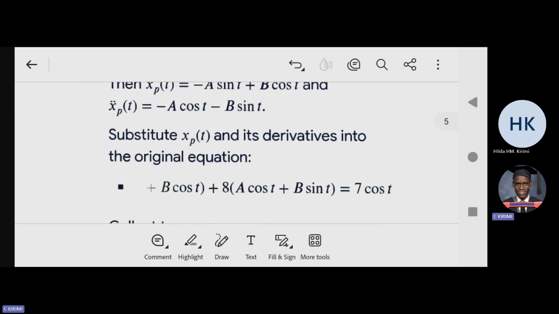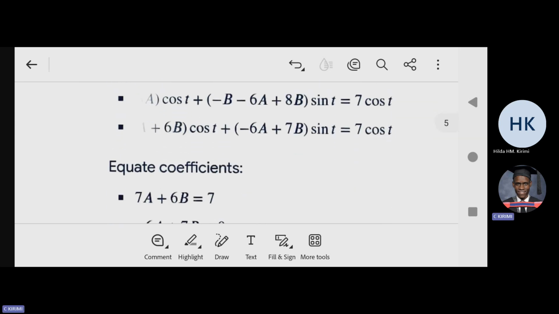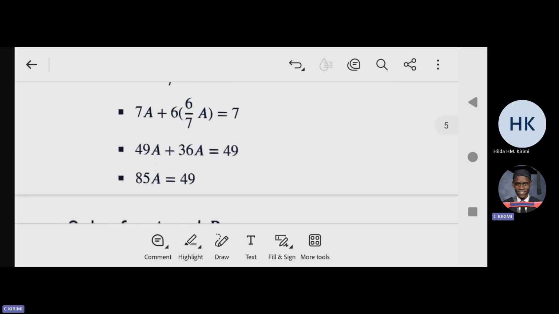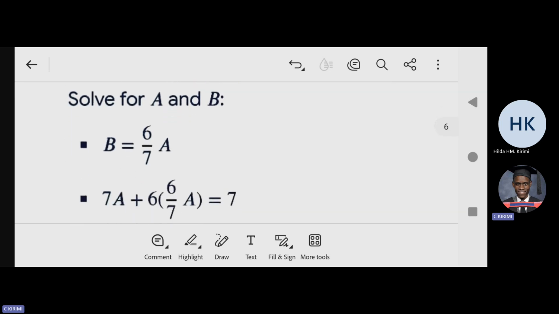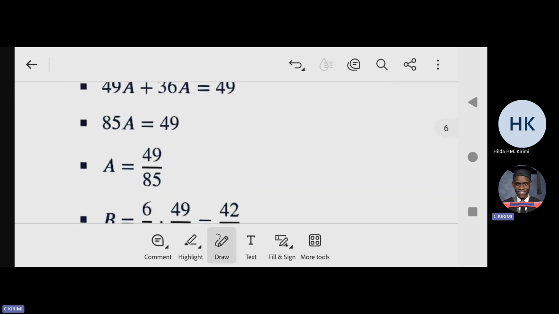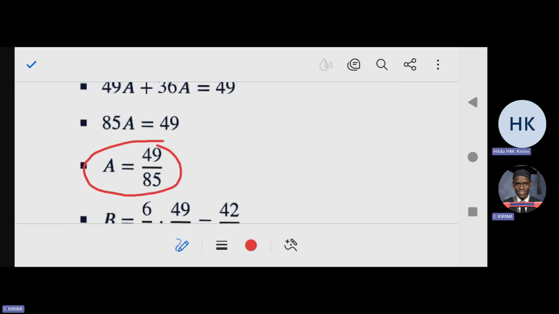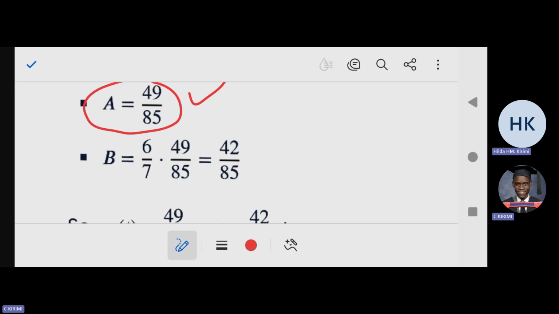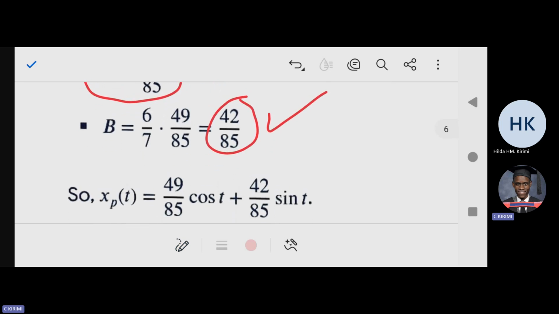So we have found the derivatives, we have substituted the terms, put the coefficients everywhere they are supposed to be, substituted, multiplied by the denominator. We found our A. Now we are solving for A and B. We found that A is that, which means A is what? Calculated. What is B? We multiplied B by 6 over 7. We found this was our B. Then from here, we now know our A and B.